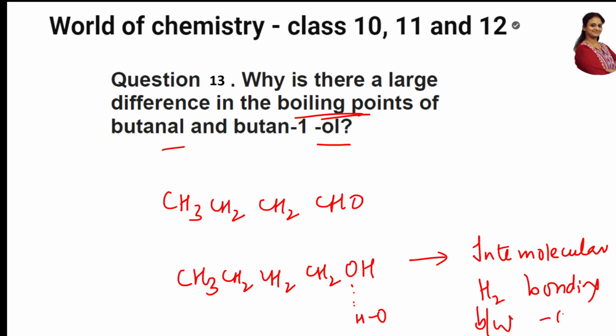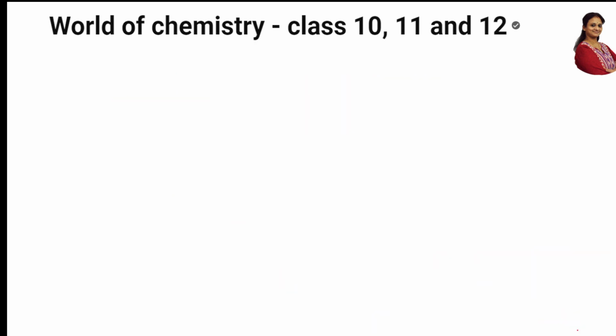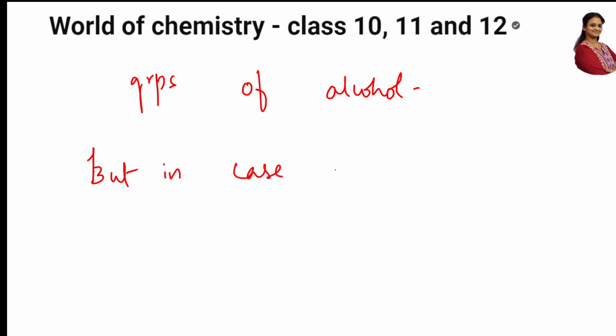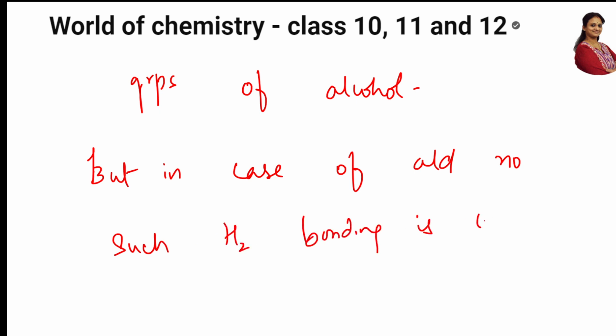So butanol has intermolecular hydrogen bonding between the OH groups of the alcohol. But in the case of aldehydes, no such hydrogen bonding is observed.